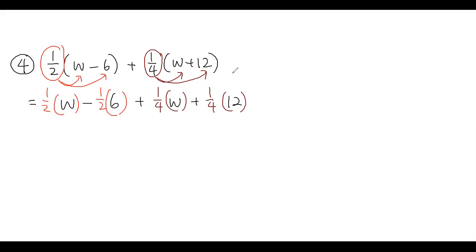Okay. Half a W is just half W. We don't need to know what that is. It's a variable. Minus half of 6. That's the same thing as saying 6 divided by 2. So that's going to be half W minus 3 plus quarter W plus a quarter of 12 is the same thing as 12 divided by 4.